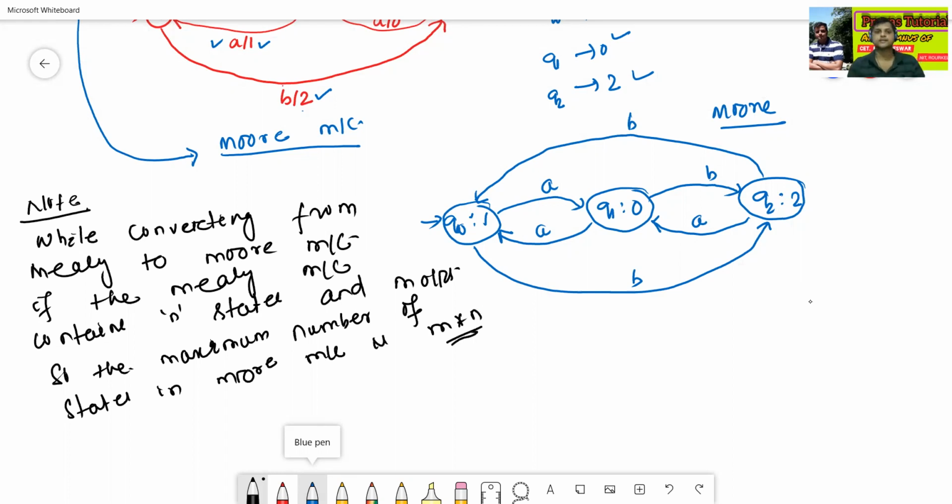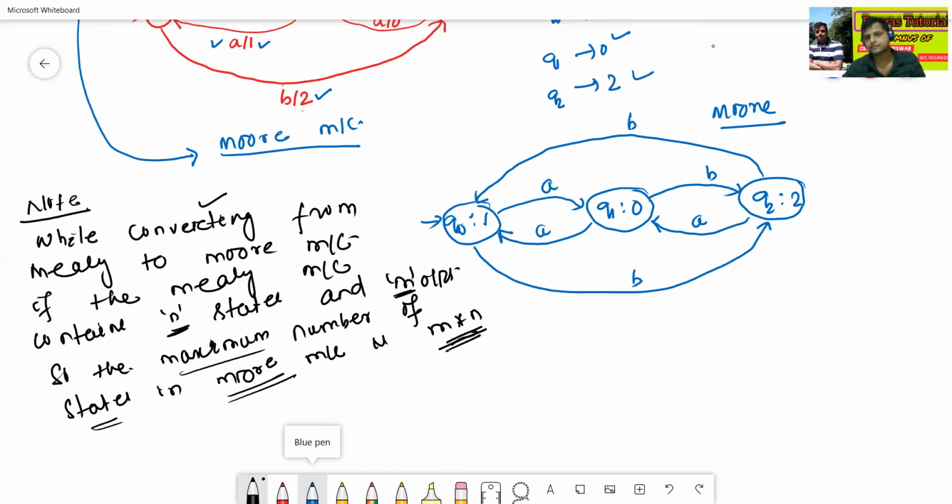Here, what is the meaning? While converting from Mealy machine to Moore machine, if the Mealy machine contains n states and m outputs, so the maximum number of states in Moore machine is m cross n.